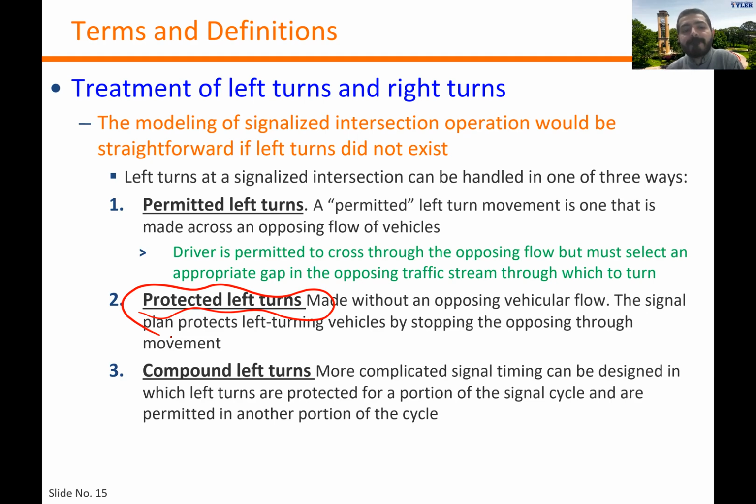A newer approach, trying to be more efficient here, is to have a compound left turn. Compound left turn is a more complicated signal timing because it can be designed so that the left turns are protected as a portion of the signal cycle, and act as permitted in another portion of the cycle.